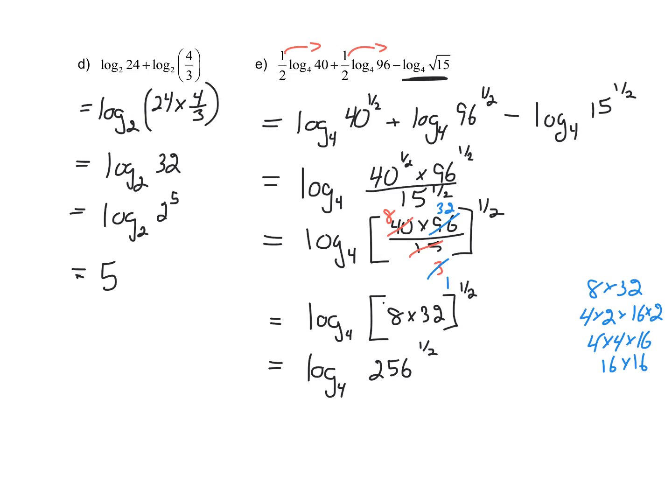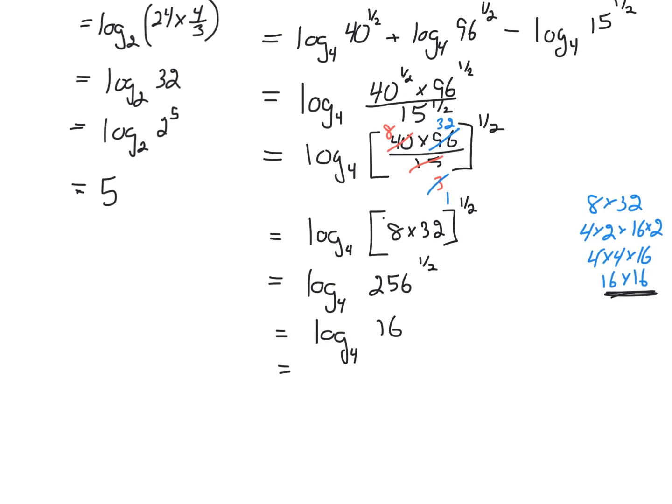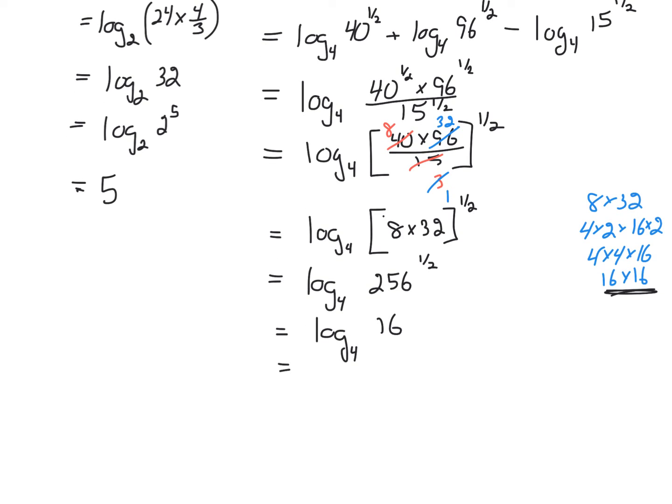Oh, cool. Which means the log base 4 of 16, because the square root of 256 is 16. It's off to the side here. Which means, of course, I make a little bit more room. I actually have the logarithm base 4 of 4 squared, which of course is 2.